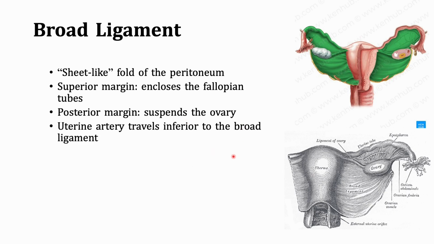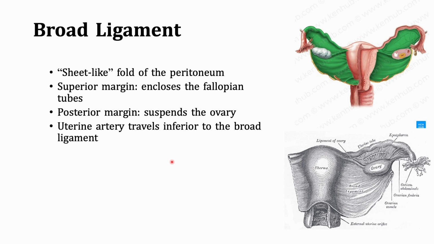First I want to talk about the broad ligament. Here it is, in green. The broad ligament has 3 parts, and it's a sheet-like fold of peritoneum, a double layer of peritoneum.